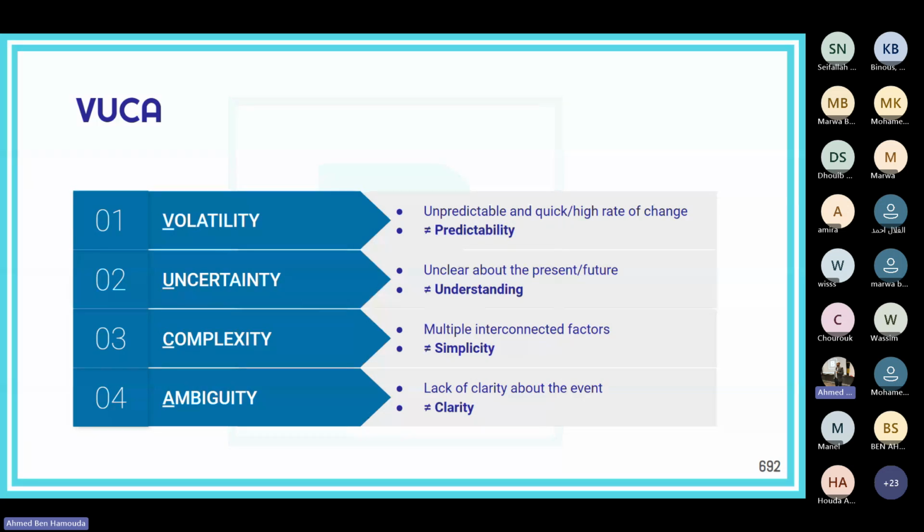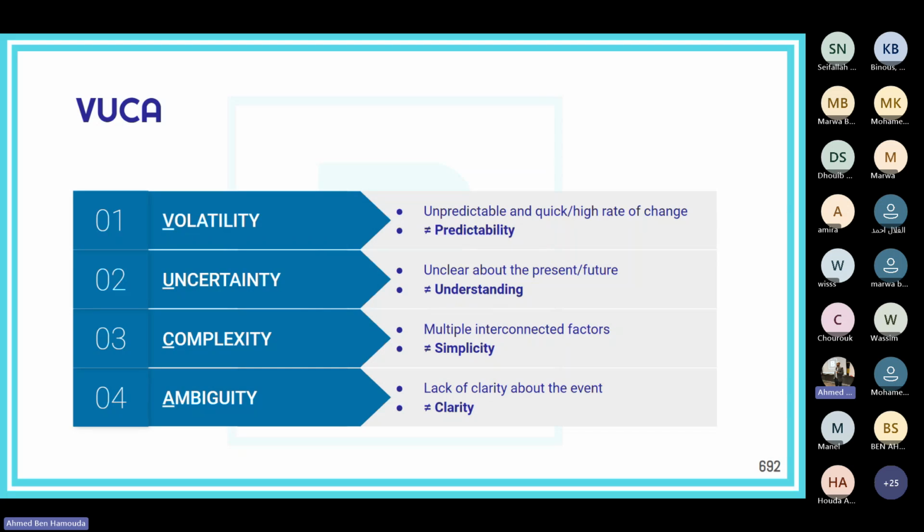A complex situation or a complex event is when multiple interconnected factors are present in that event. Those interconnected factors create a complexity. The opposite of complexity is simplicity. That's when an event is quite simple, quite clear, with not many factors connected to it.